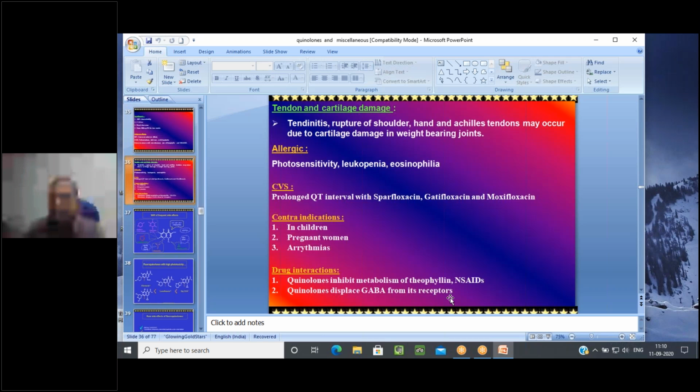Cartilage and tendons may be affected, and there may be QT interval prolongation and arrhythmias. So that's what you should be careful about. Next one, drug interaction is important. Quinolones affect metabolism of xanthine alkaloids, and quinolones also displace GABA.